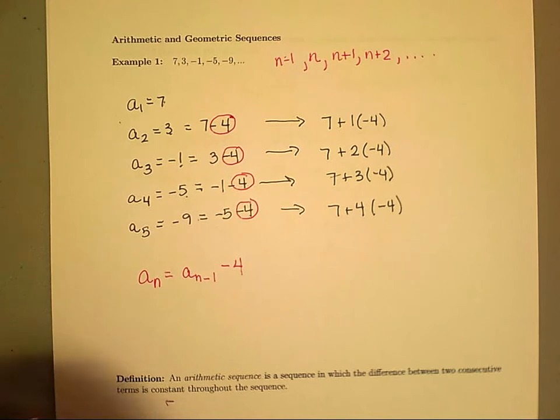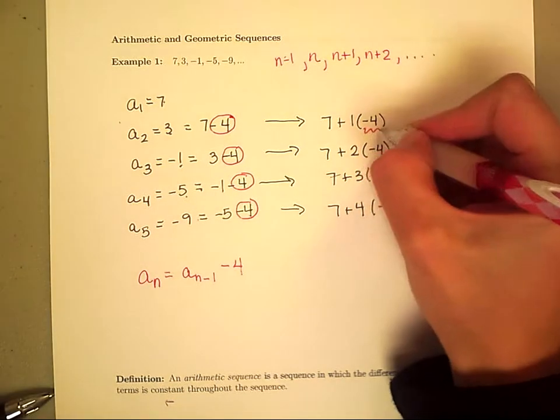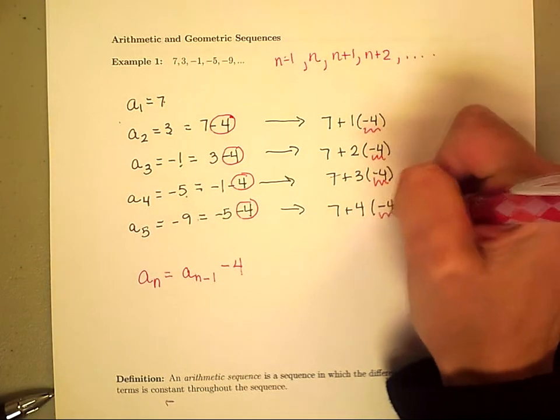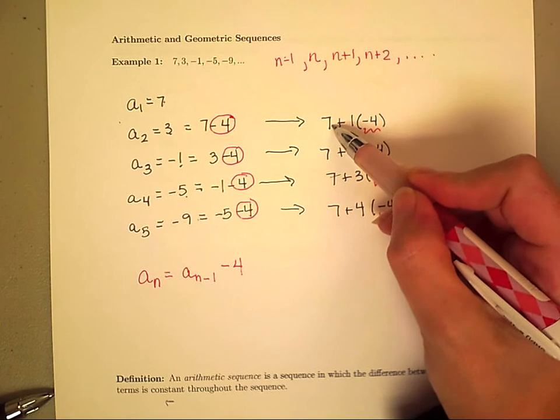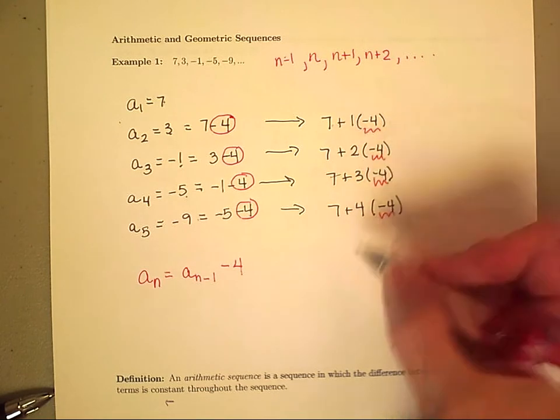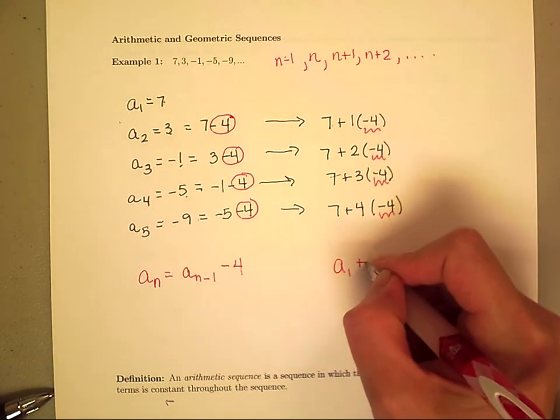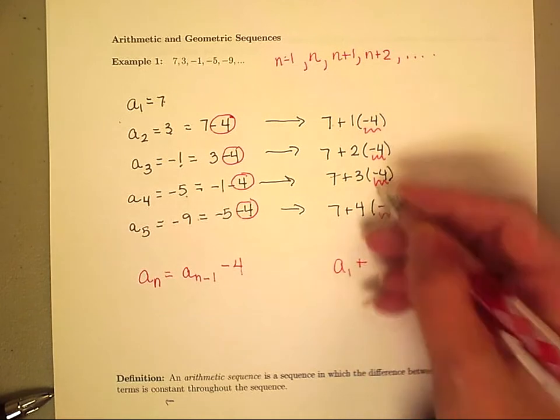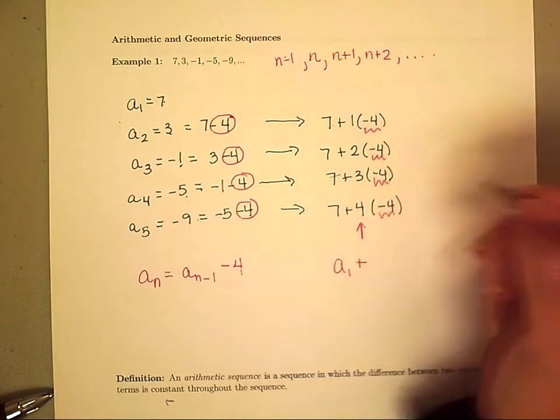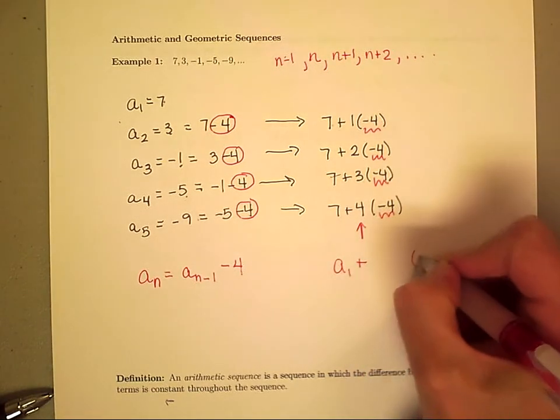Alright, so again our minus 4 is in there, and now we've defined it in front of the first one: a sub 1 plus, now we have to figure out how to call these, and then times minus 4.